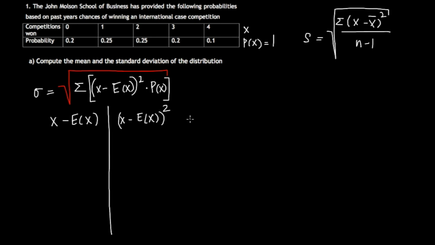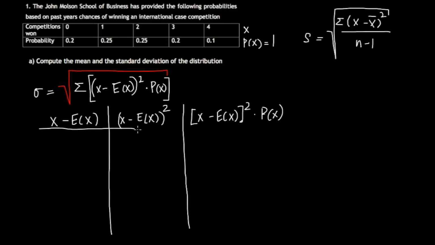The positives would cancel out by the negatives. And then we're going to take this number right here to the power of 2. And we're going to multiply each one by its corresponding probability, okay? And then at the end, we'll just add all 5 up.